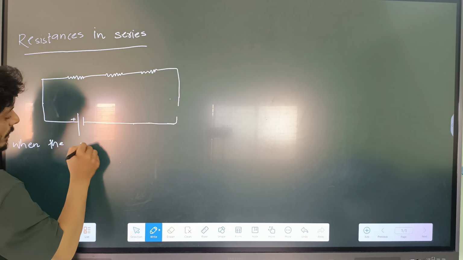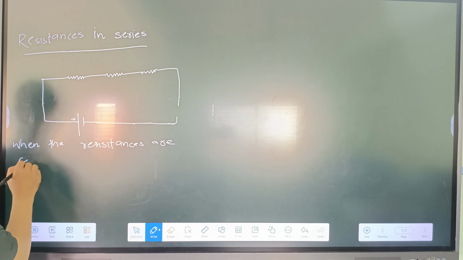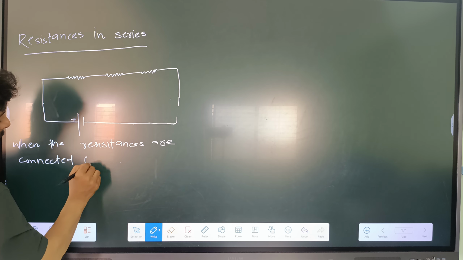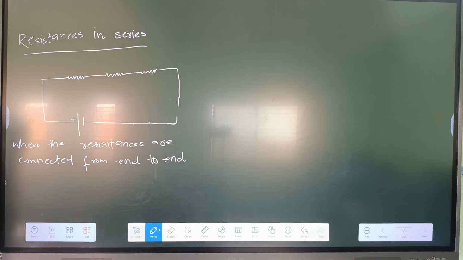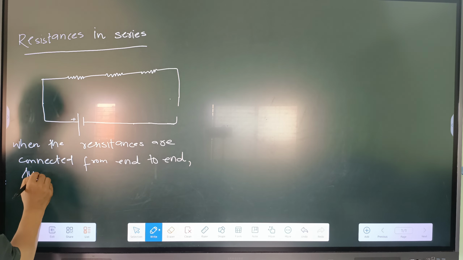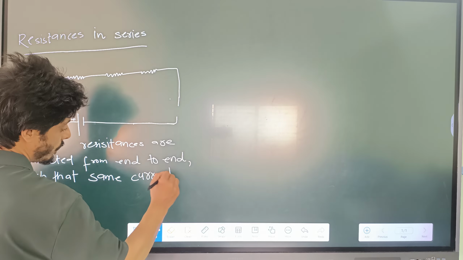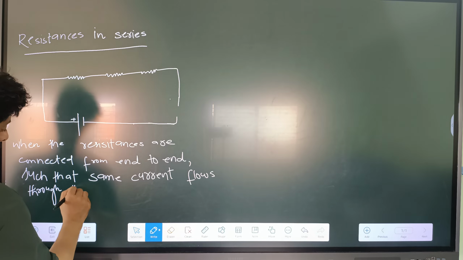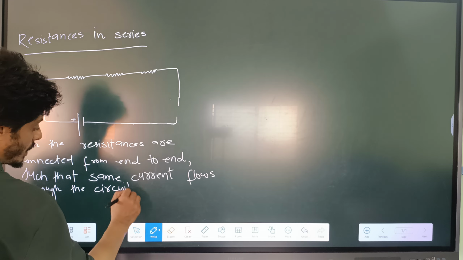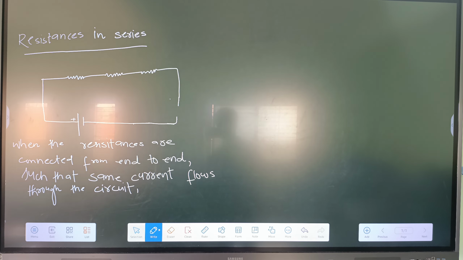When the resistances are connected from end to end, such that the same current flows through the circuit, then we can say that the resistances are connected in series, okay.